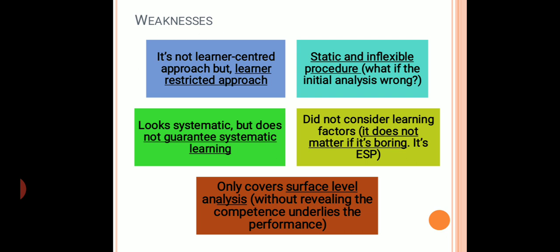Okay, and then by using this approach, there is another weakness. It is a static and inflexible procedure. What if the initial analysis is wrong? The weakness is that if you do the needs analysis, you distribute a survey, and then you analyze the survey incorrectly, in a wrong way, then your interpretation will also be wrong.